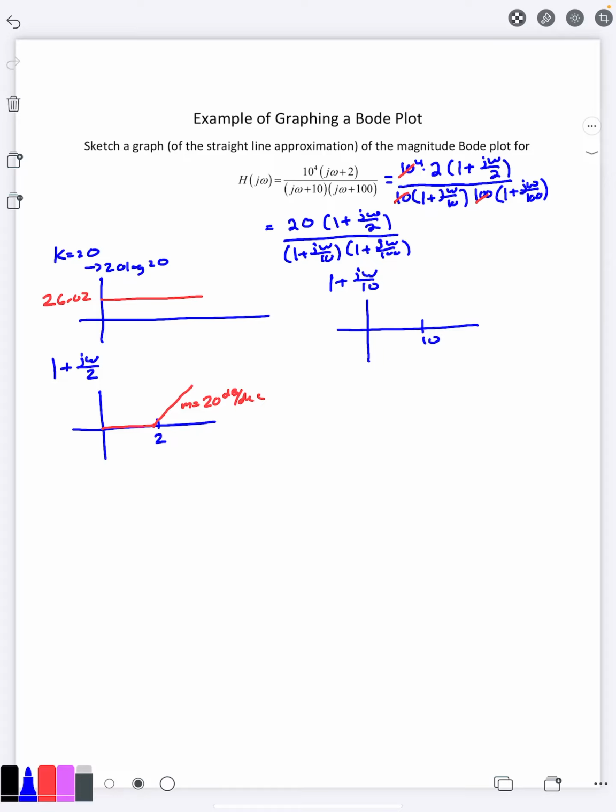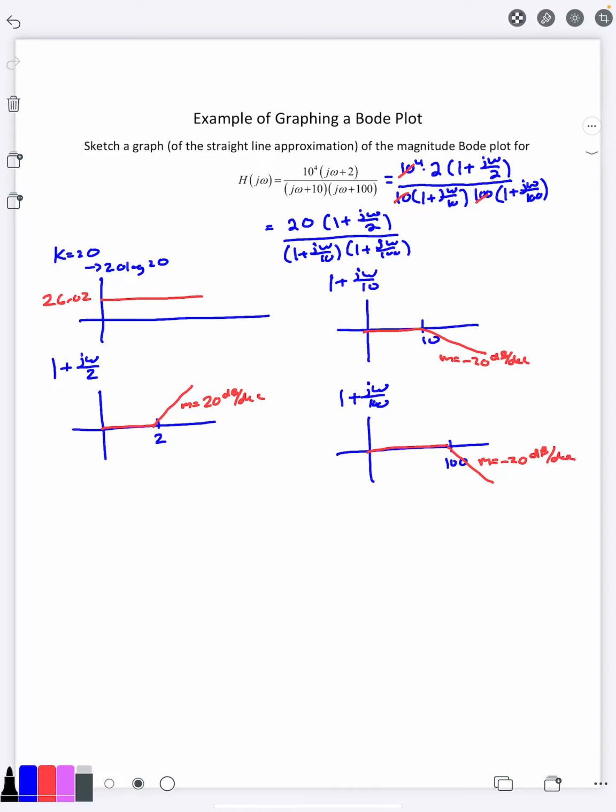So once we reach our break frequency of 10, it's going to go down with a slope of negative 20 decibels per decade. And the last factor, 1 plus j omega over 100, has a break frequency of 100. Starts out flat and goes down at negative 20 decibels per decade.